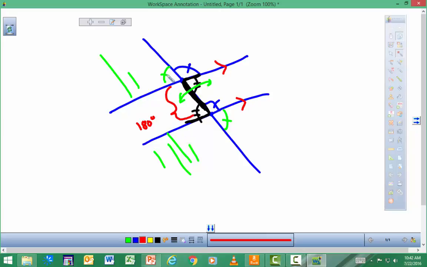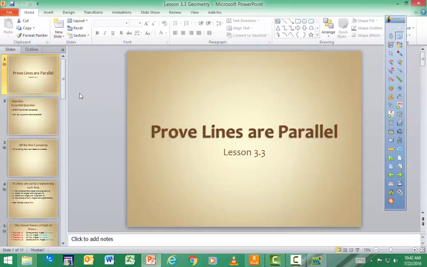Or if you have some alternating exterior angles congruent, then the lines are parallel. And if you have a couple angles in here that are on the same side of a transversal and they add up to be 180, then the lines are parallel. And that's all this lesson is. I mean, basically, in some sense, we're done already. But we'll go through it a little more slowly and do some problems along the way. So let's get started.